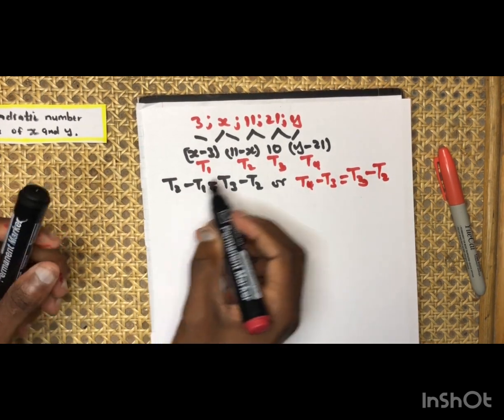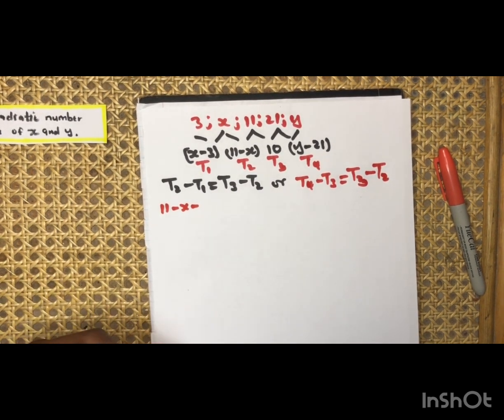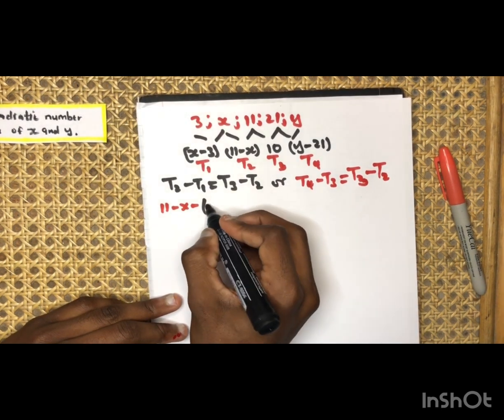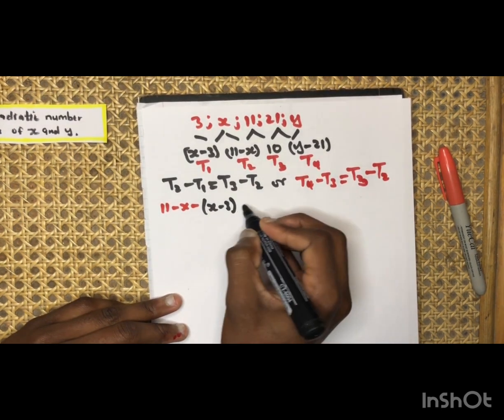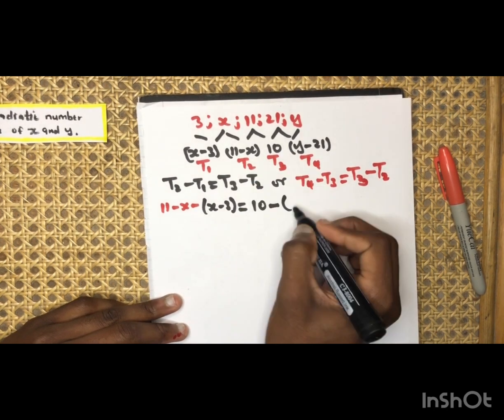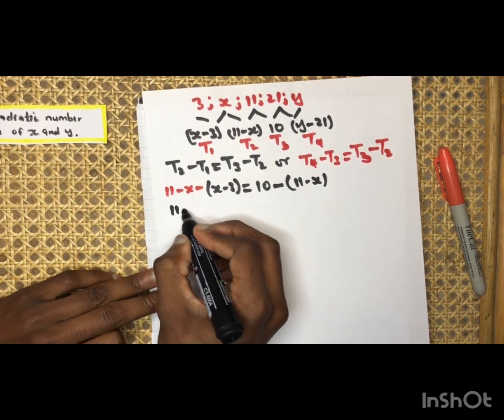So here t2, guys, it's 11 minus x, minus from the formula. Then I open the brackets. Your t1 is x minus 3. Your t3 is 10 minus t2, it's 11 minus x. So we drop 11 minus x.